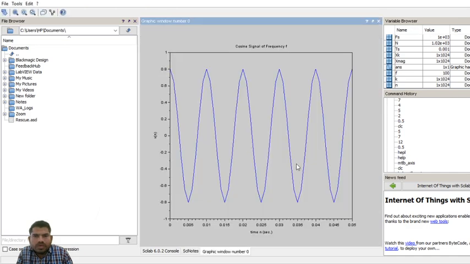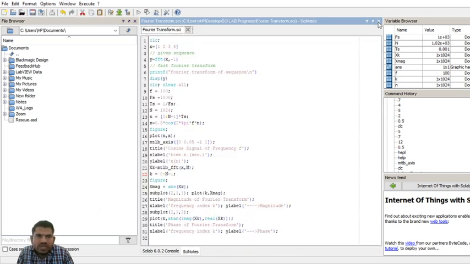First of all we are generating this cosine signal. What is the range of the cosine signal? From 0.0 to 0.05, and the amplitude of the cosine signal is from -1 to 1. After generating this cosine signal, we have to find its magnitude response as well as its phase response.